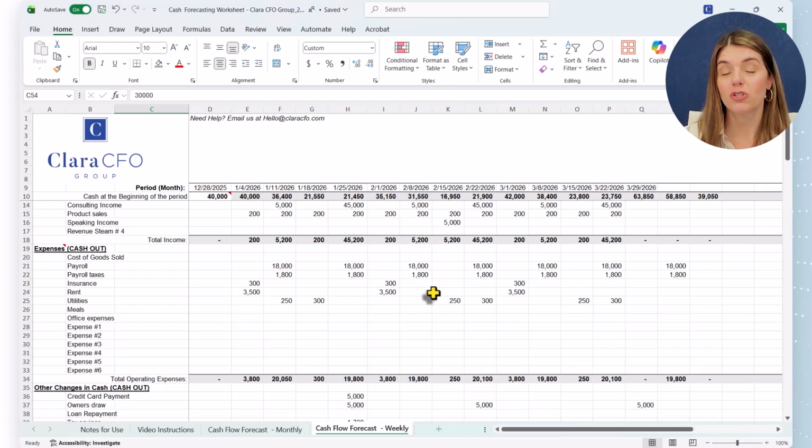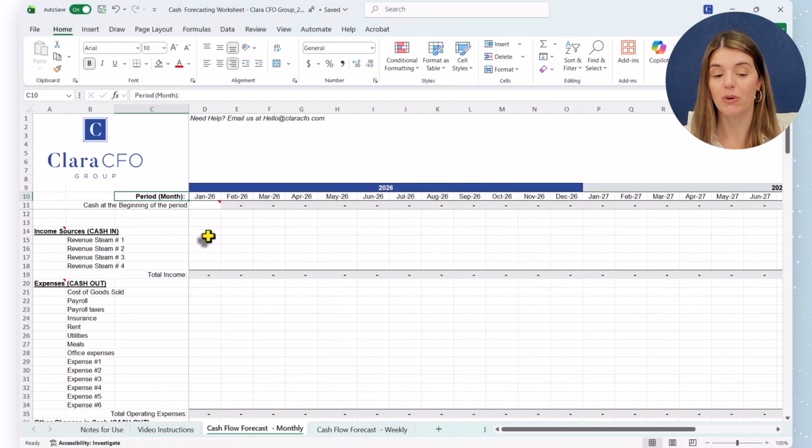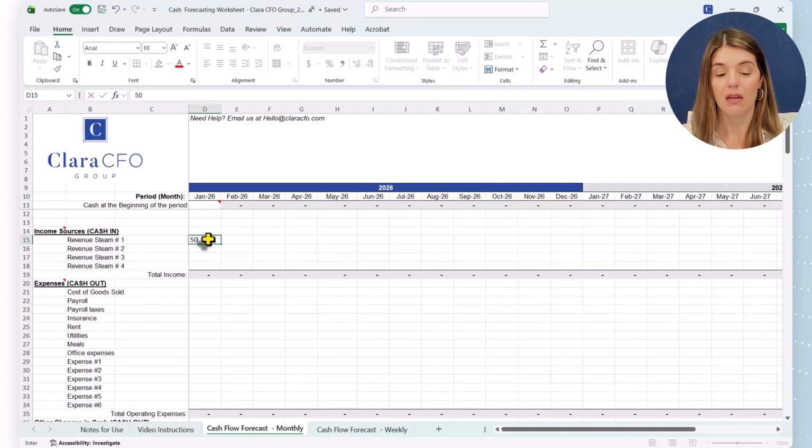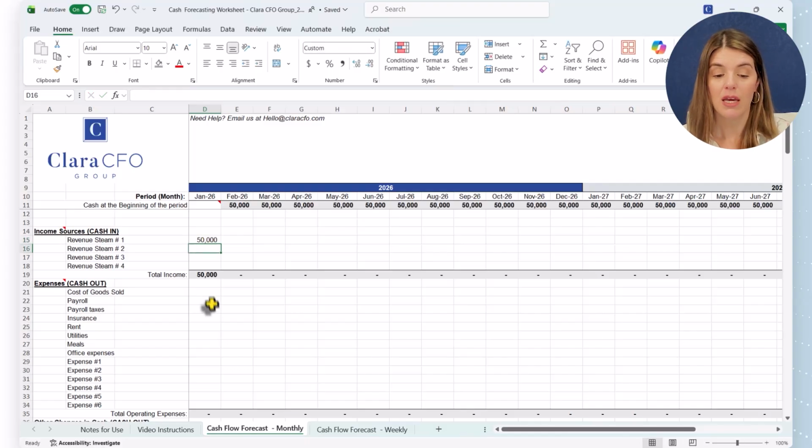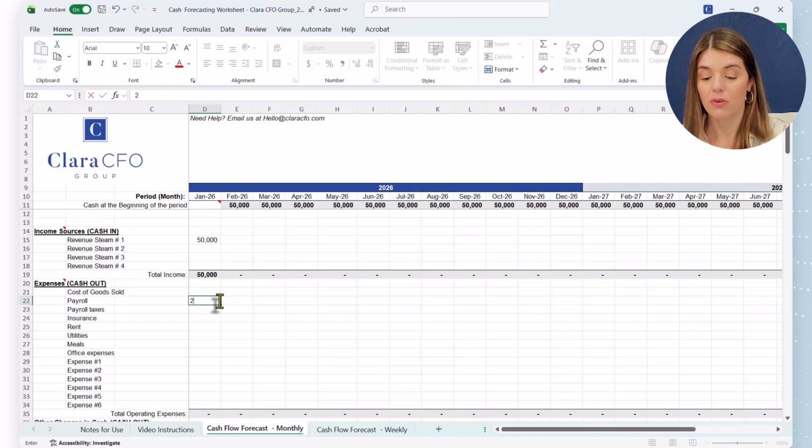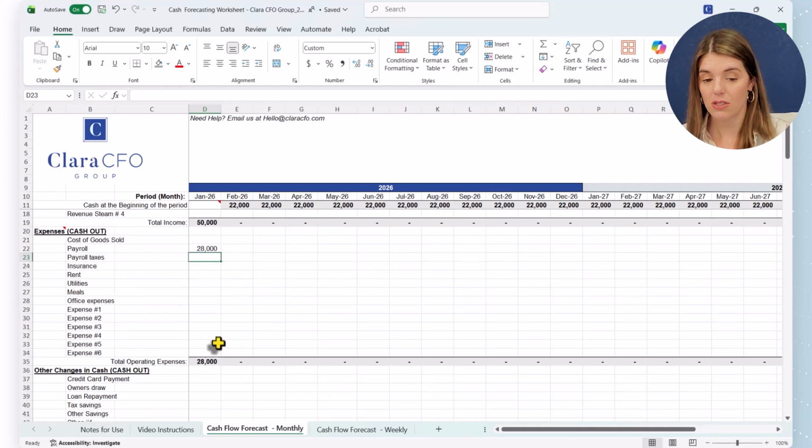Then you can move more towards monthly cash flow forecasting. So you can use this spreadsheet where you say, hey, we're bringing in $50,000 in a month and we're spending $38,000 or $28,000 on payroll, and do it in that monthly method.